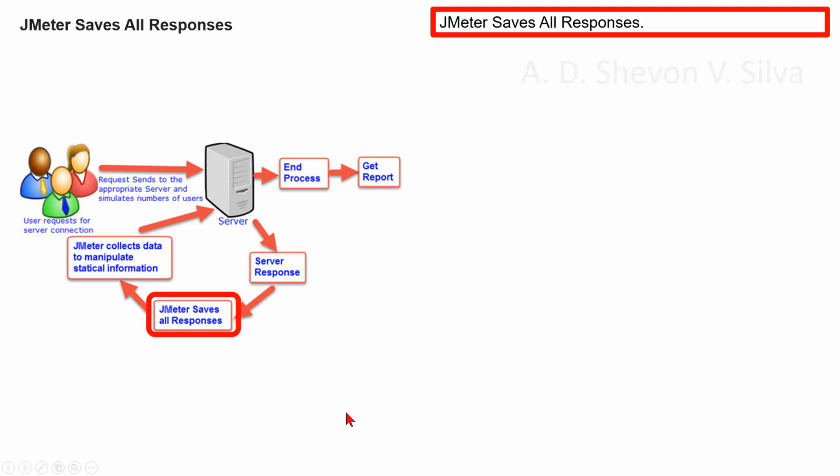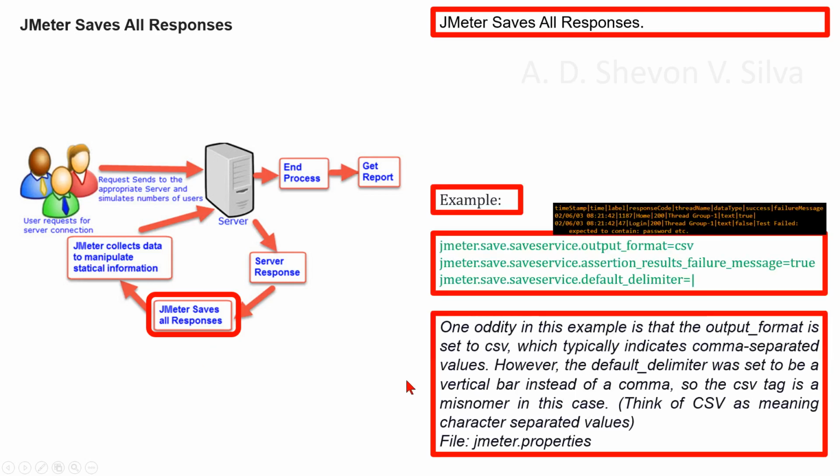Now we are focusing on how JMeter saves all responses. As an example, we can consider these properties in the jmeter.properties file.